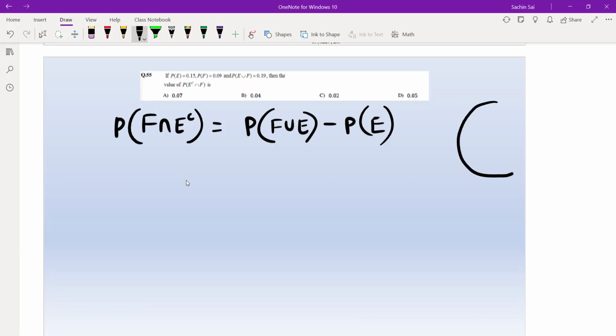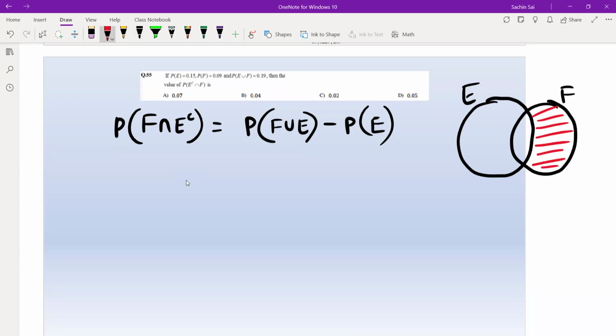Because in the Venn diagram, if I have two sets E and F, and I want to find F intersection E complement, that is F minus E, right? Then from the union of the two sets, I should remove the second set.